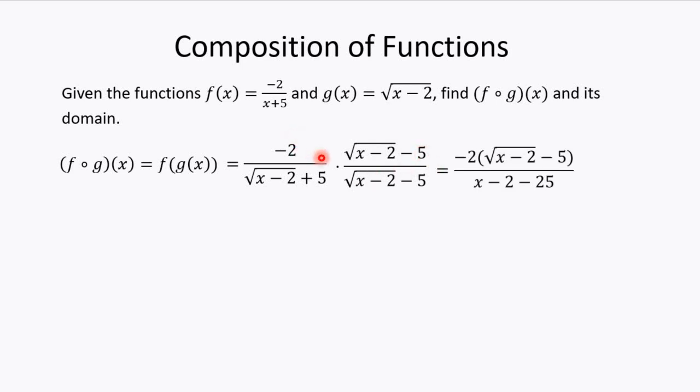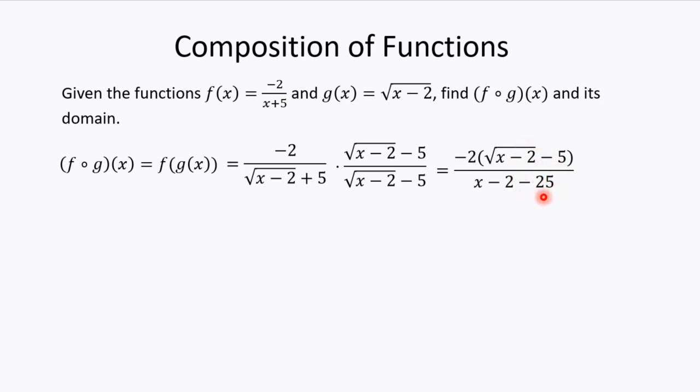On the bottom, when I multiply the square root of x minus 2 by the square root of x minus 2, the square roots and the squares cancel, and I'll just get x minus 2. The outside times the outside is going to give me -5 times the square root of x minus 2. The inside times the inside is going to be +5 times the square root of x minus 2, and those are going to cancel. And finally, +5 times -5 will give me -25.